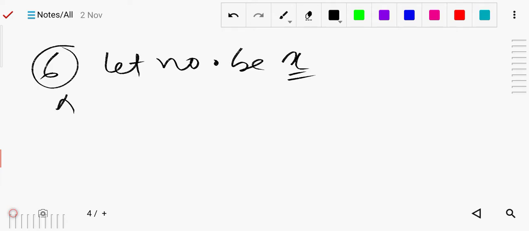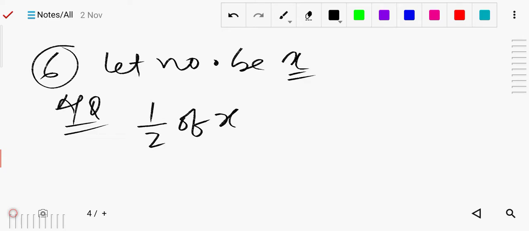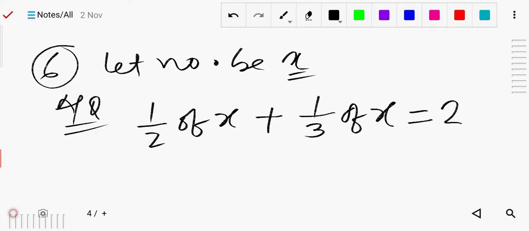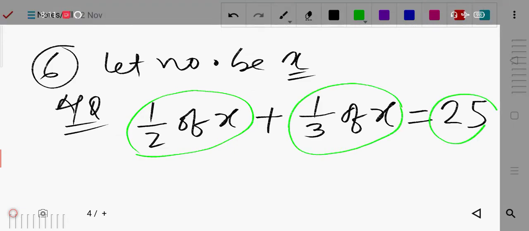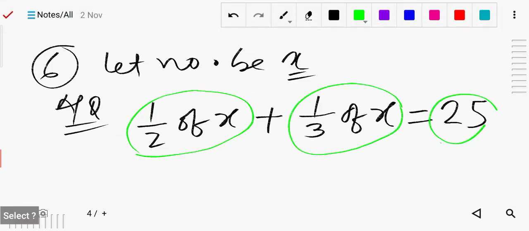Now according to the question, first 1/2 of a number. What is the number? x. Added means plus, we add 1/3 of a number, where the number is x, and the result is 25. That means when we add these two terms, it will give 25.